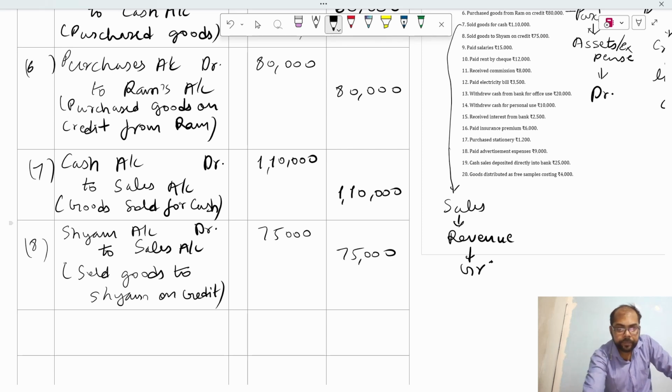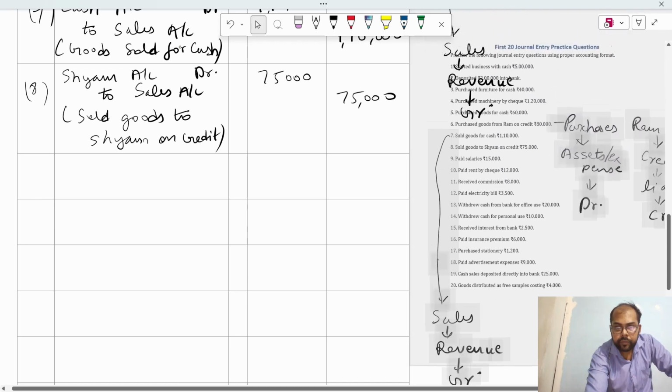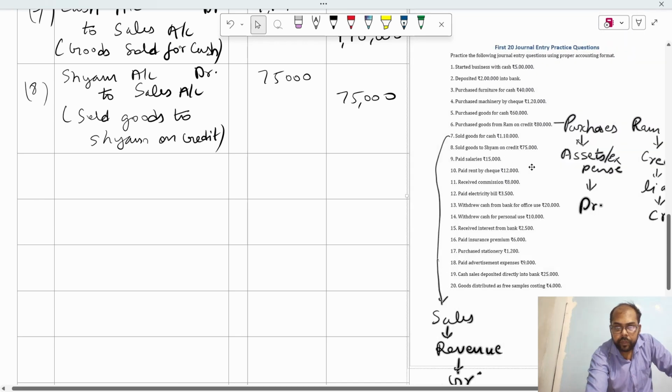All right. Now the ninth entry. The ninth entry says that paid salaries rupees 15,000. Now this is again a simple transaction.